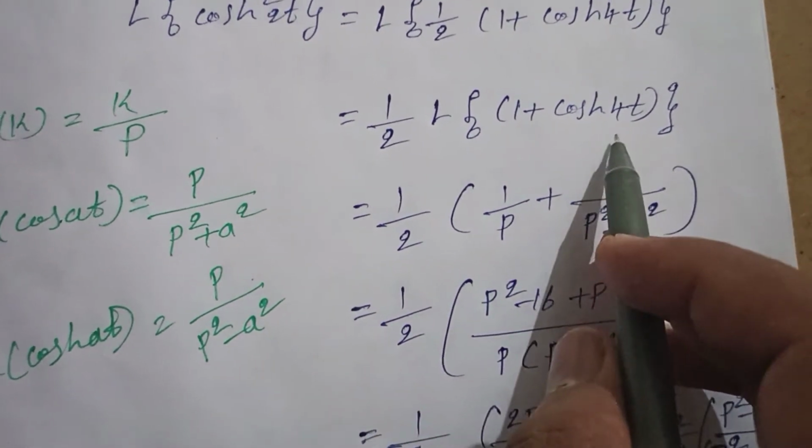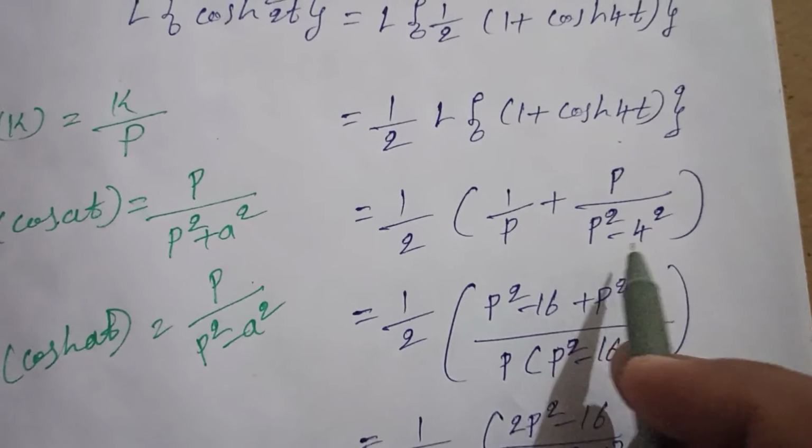So in place of a, you are having 4. That means p by p square minus 4 square.